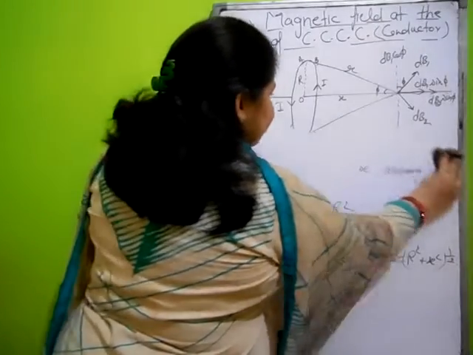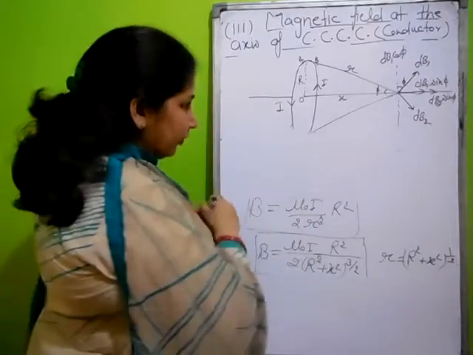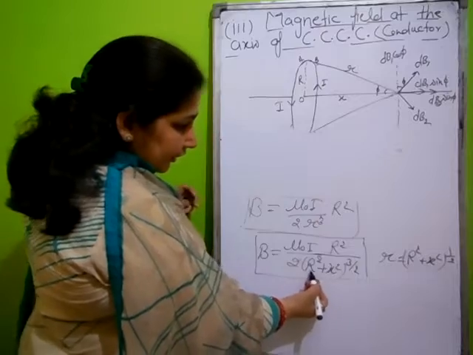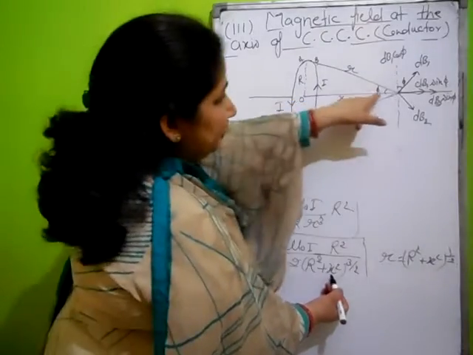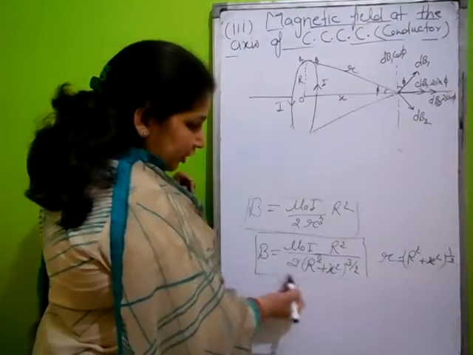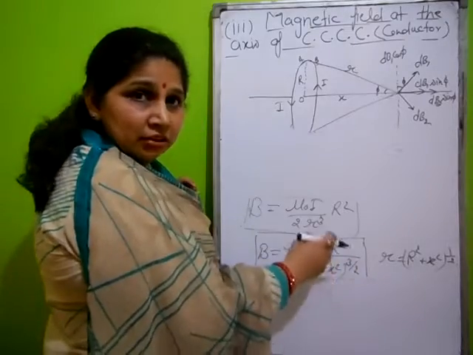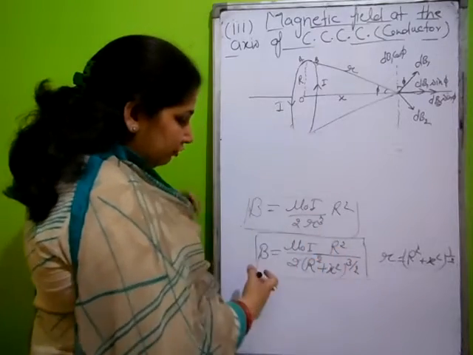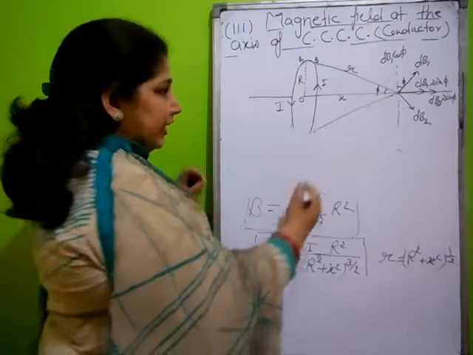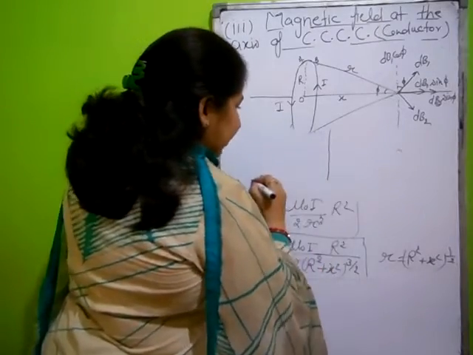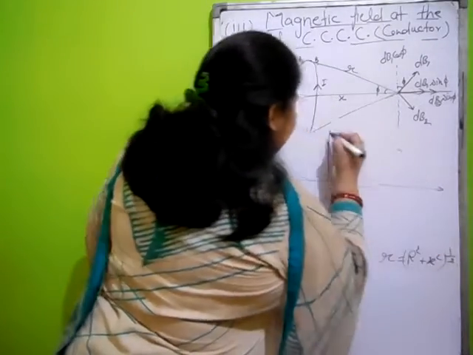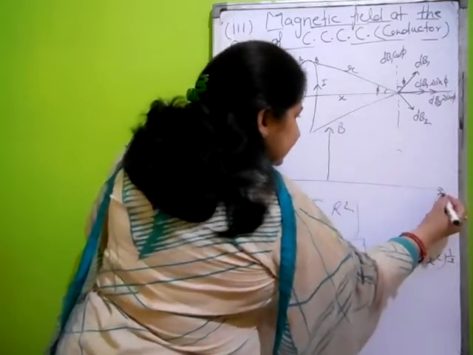Now we have a graph for this. On increasing the value of x, the denominator of this term will increase and the value of B will decrease. Means we have a graph between B and x. This is B and this is x.